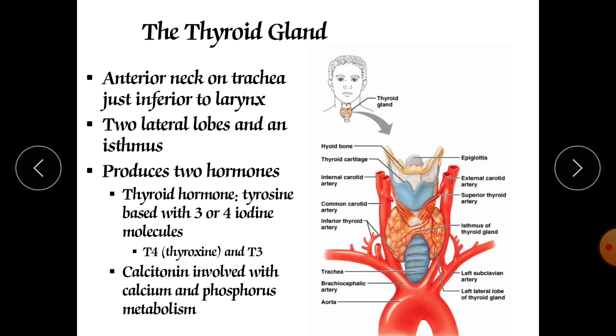T3 is triiodothyronine, and T4 is tetraiodothyronine, commonly known as thyroxine. Both hormones are secreted by the thyroid gland, and T3 and T4 are secreted under the stimulation of the pituitary gland, which secretes the thyroid stimulating hormone.